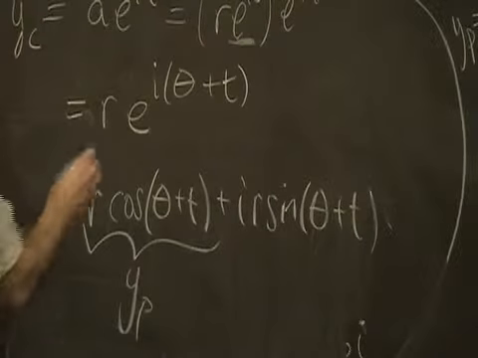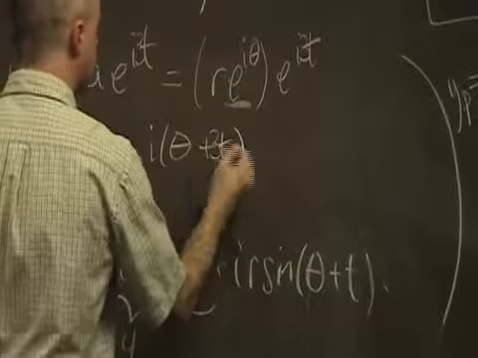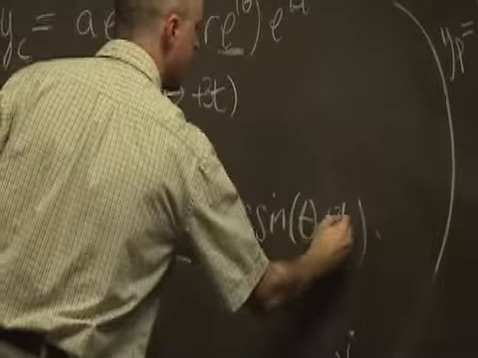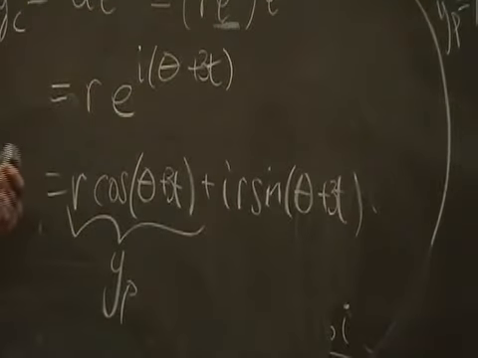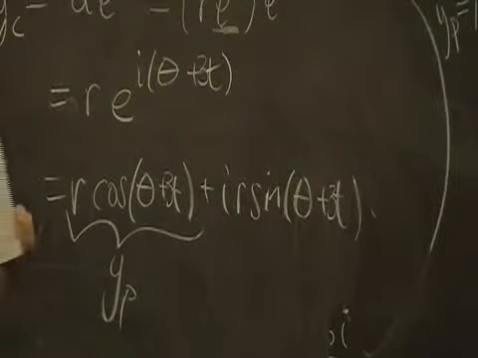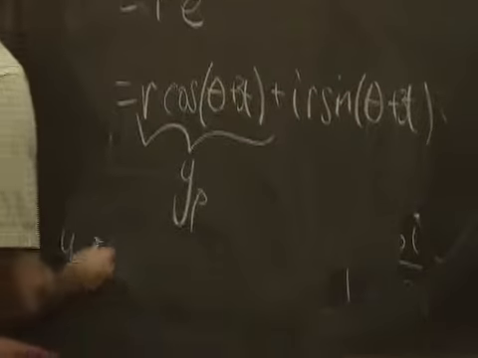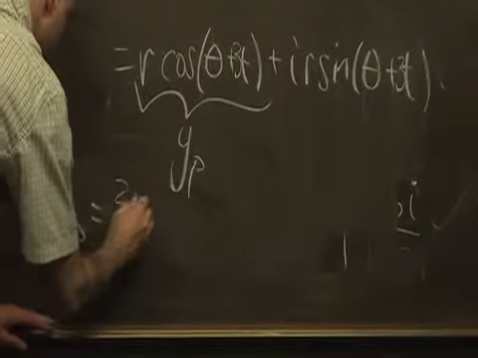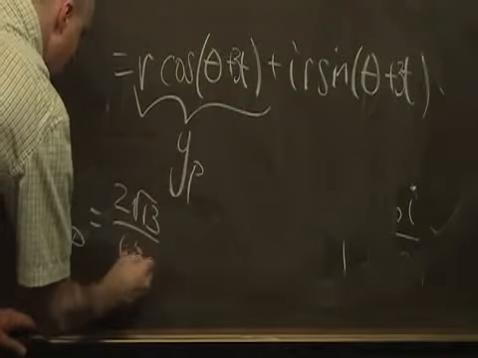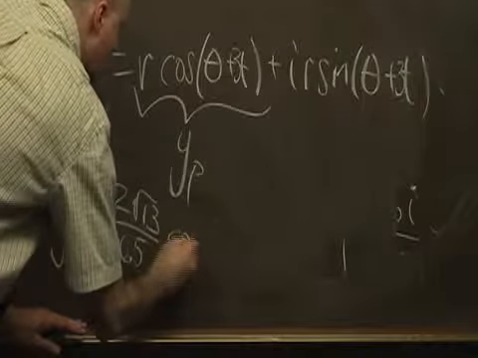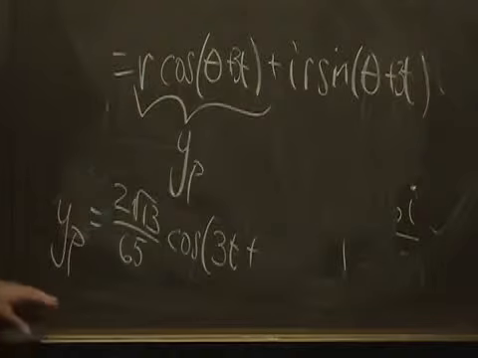Oh, I'm forgetting something here. I'm forgetting my 3. So in fact, I've got 3 t's in here. To really figure out what the actual horizontal shift is, right or left, I should really factor the 3 out of it. So yp could be thought of as r, which ultimately can be simplified to 2 square root of 13 over, what was it, 65, times cosine of 3t plus the arctangent of 18 plus pi.